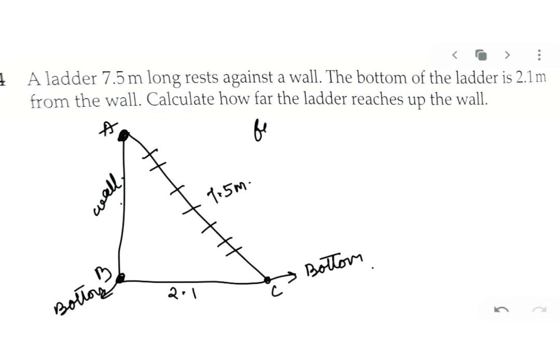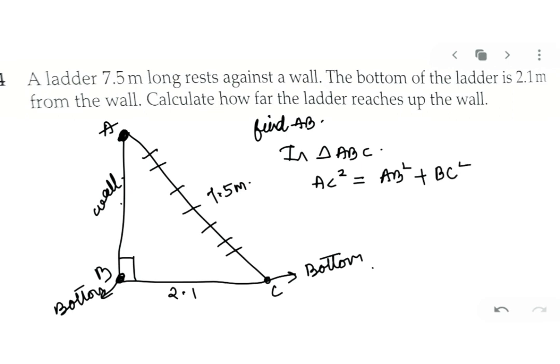Can we write it here? Find AB. Let's start. In the triangle, you know that this is 90 degrees because a wall and the floor will have 90 degrees. So we can apply Pythagoras here. So in triangle ABC, you can take AC square, that is hypotenuse square, is equal to first side square plus second side square.